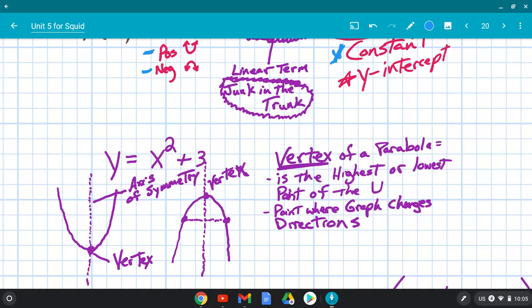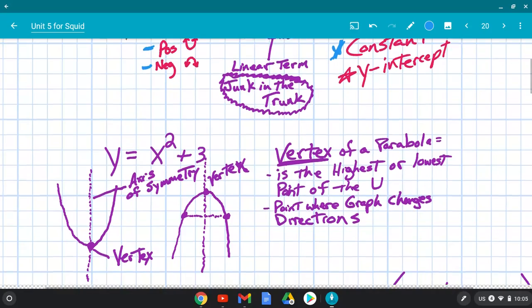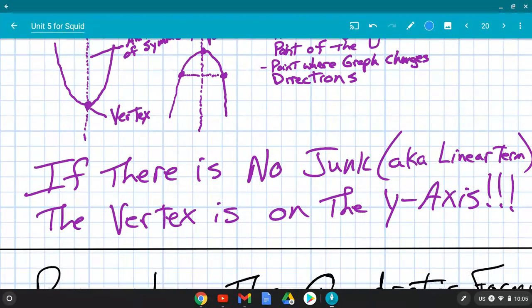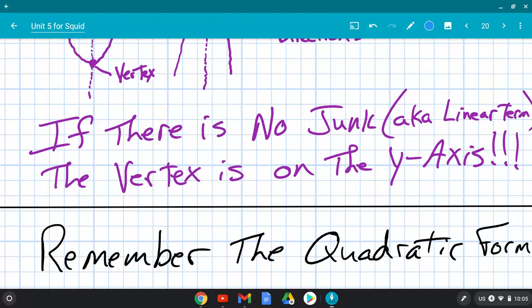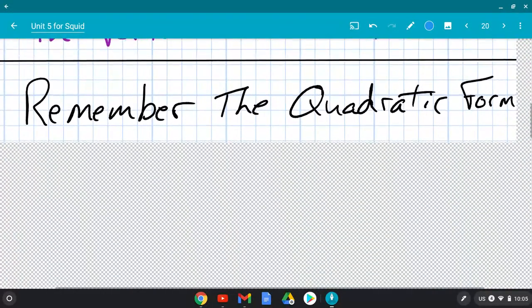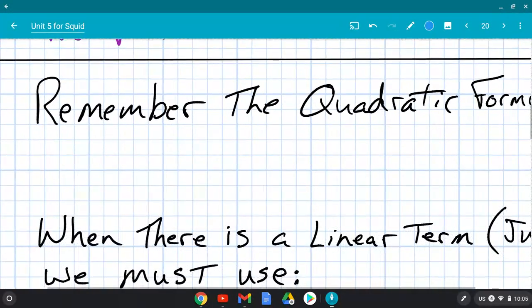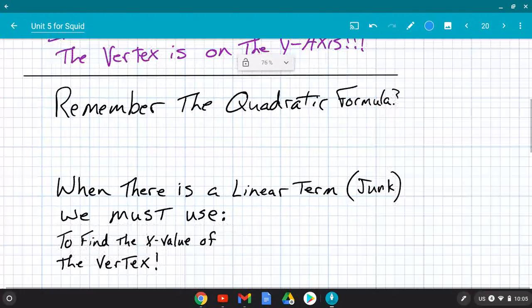It's one of the 3 main points that make graphing a quadratic possible or easier. Yesterday we focused on the fact that if there's no junk or linear term, the vertex was actually on the y-axis. Well, today we're going to deal with ones that do have a linear term, or do have junk.